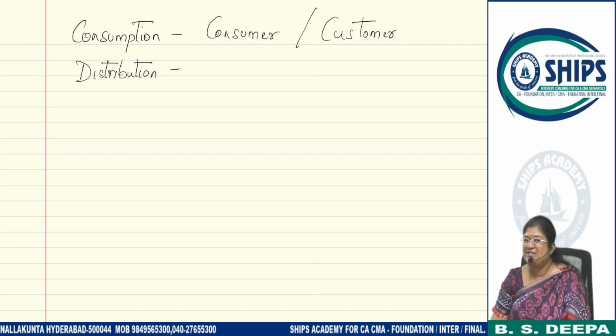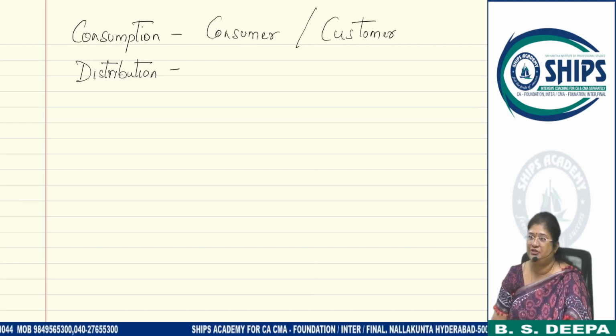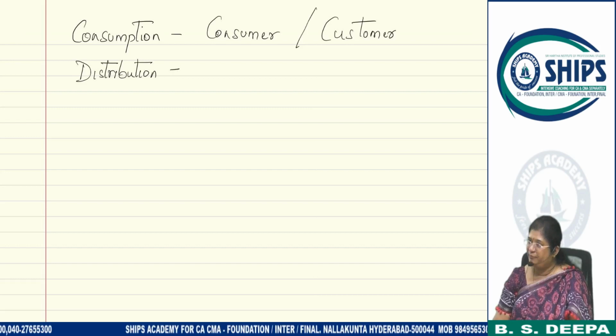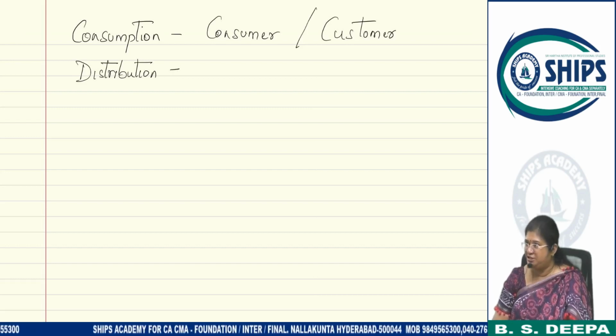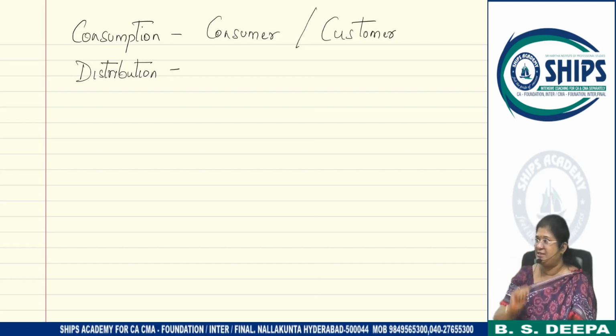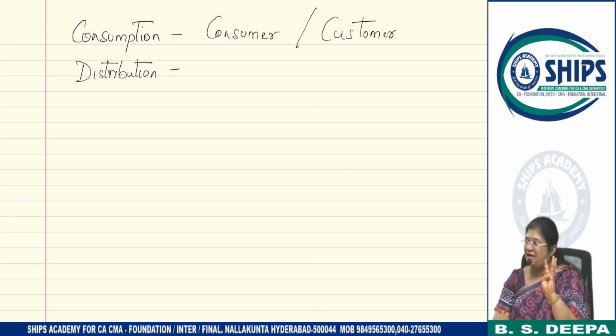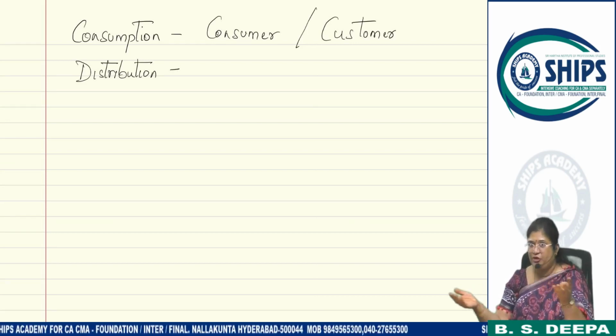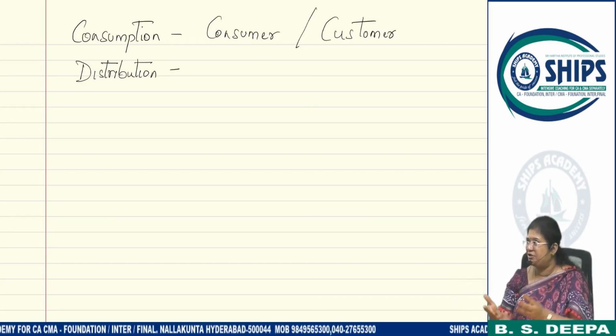Distribution in economics means how you are determining the share of the 4 factors of production. You know that for production of any commodity or a service, you need 4 things. One, you need land. You need some place to start production.